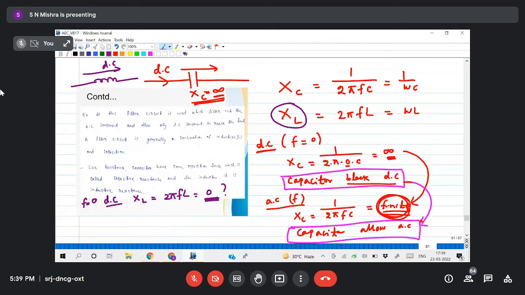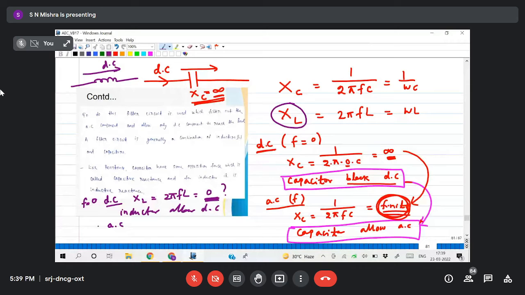So zero resistance means DC can easily pass through an inductor. So I can write, inductor allows DC. Is my statement correct? Yes, sir. Now let us take AC.